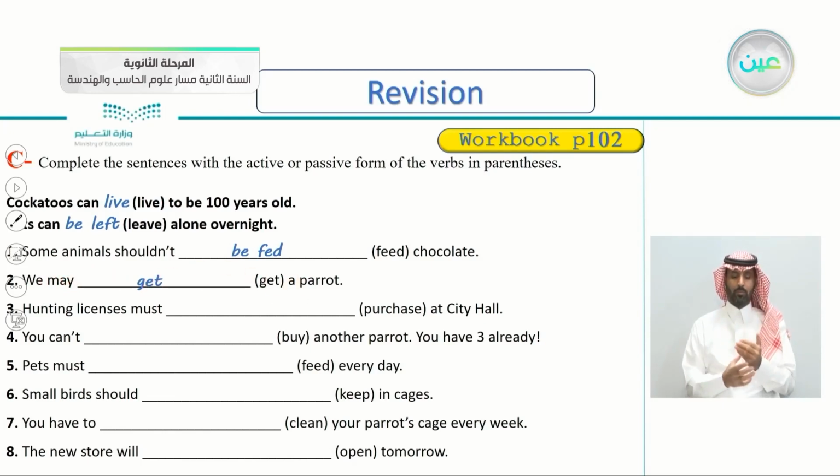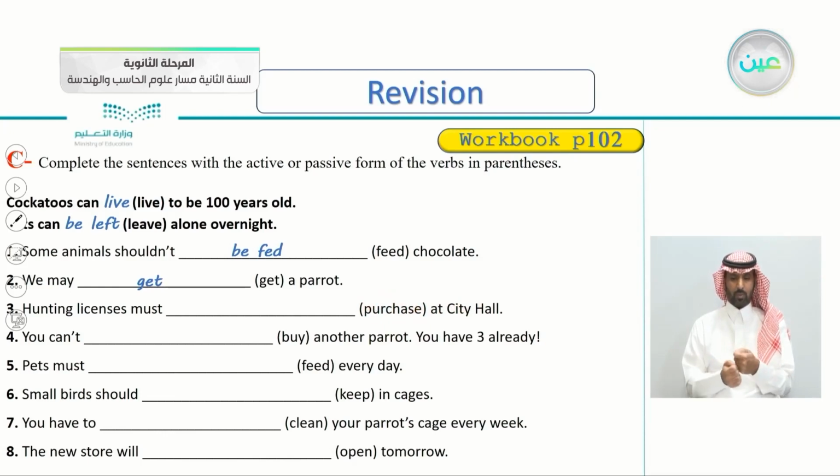Very good. Hunting licenses must purchase at City Hall. Try to notice, is there a subject in the sentence or not? This will help you to decide whether it's an active or passive. So the verb is purchase.